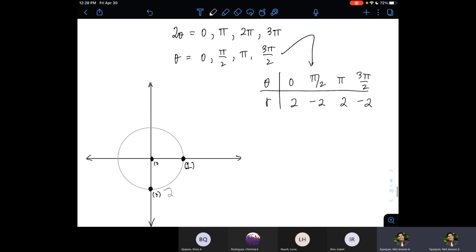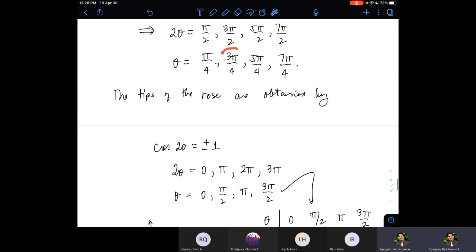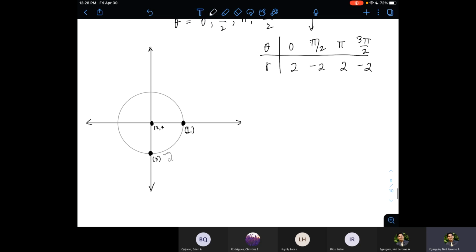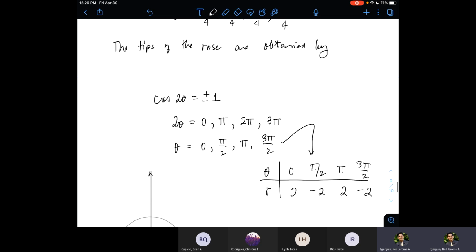And then after pi over 2, the next angle would be 3 pi over 4. But at 3 pi over 4, we will be at the pole again. So this would be my fifth point. And then the sixth point would be at 5 pi over 4, which is a receptacle, right?